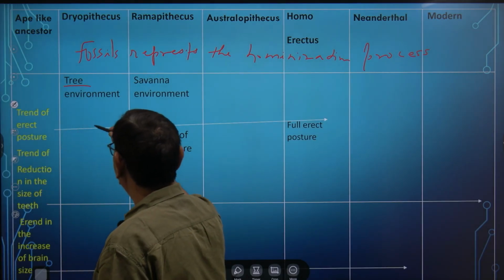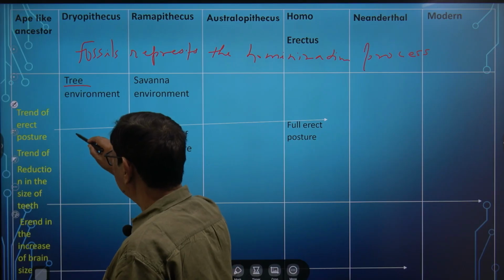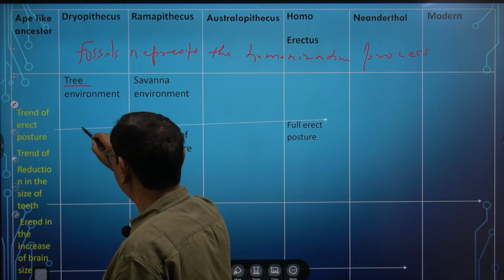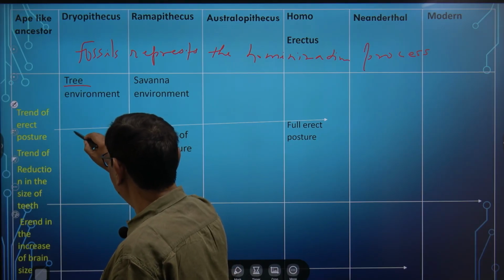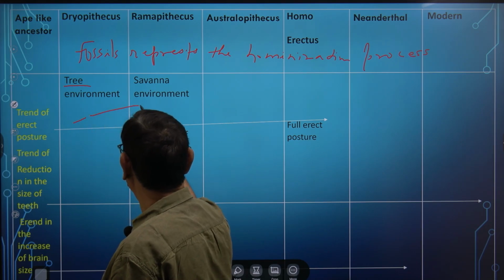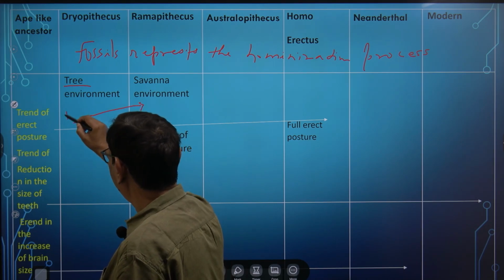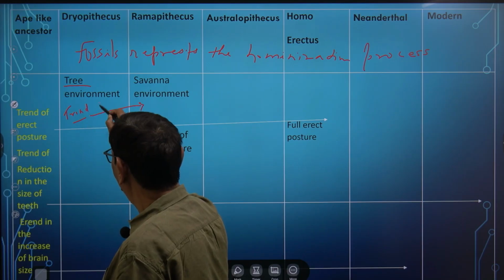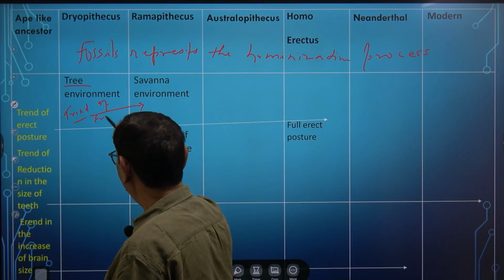This is the first trend, the trend of erect posture.